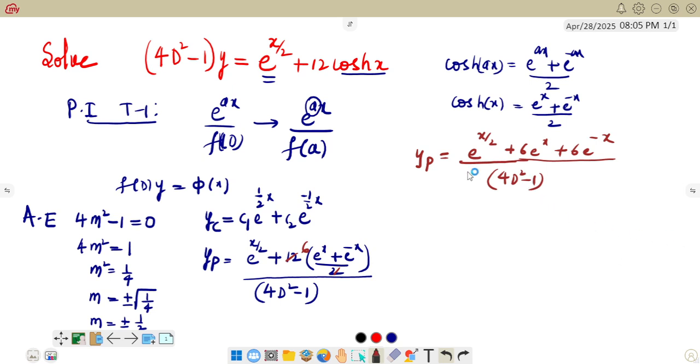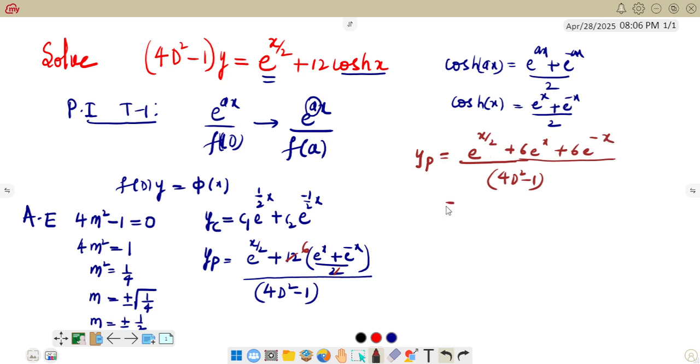Now look carefully. The numerator is a sum of three terms divided by function of D. In each case, look at the coefficient of x in the exponential. In the first term it is x by 2, meaning the coefficient of x is 1 by 2. Here the coefficient of x is 1. Here the coefficient of x is minus 1.